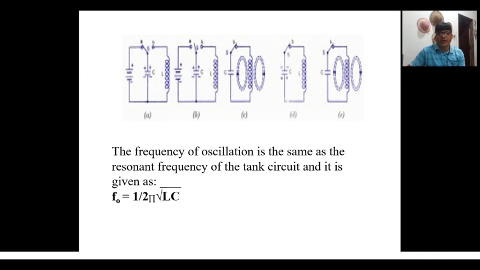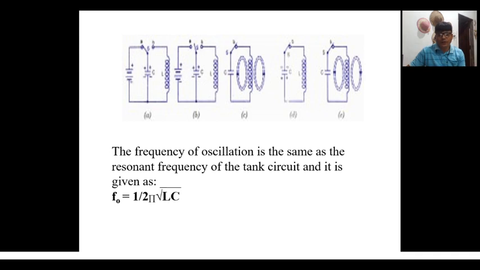The result is that the capacitor is now charged with opposite polarity. Now see figure D. The upper plate becomes negative and the lower plate becomes positive, and hence the capacitor becomes fully charged again.